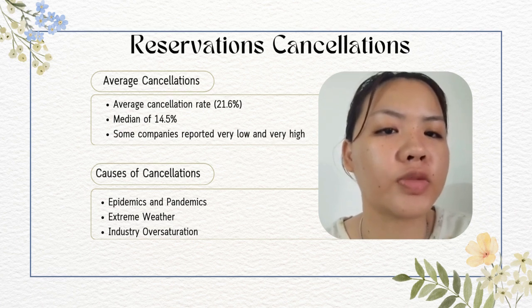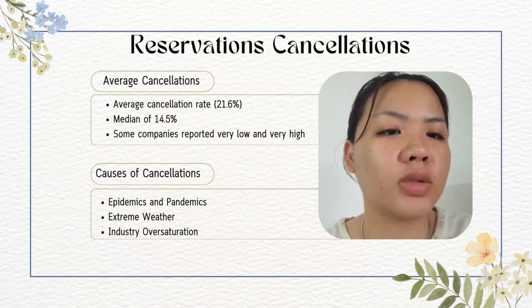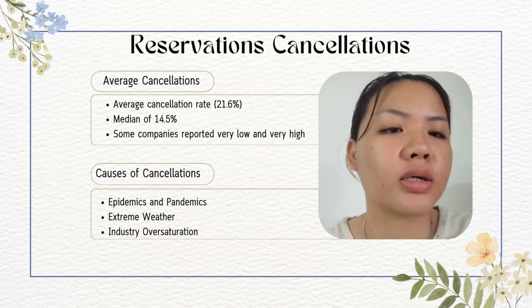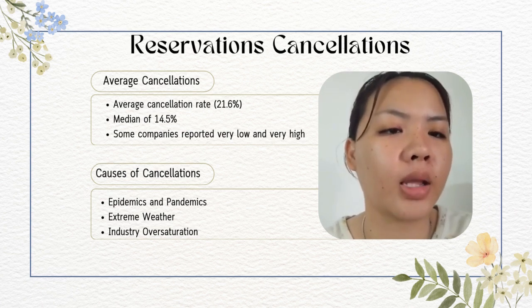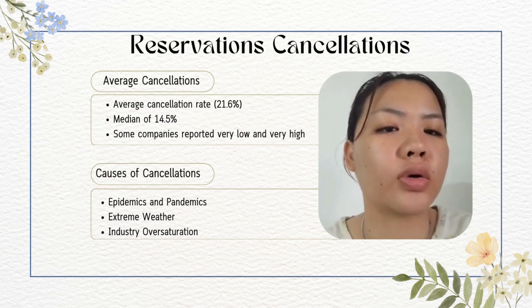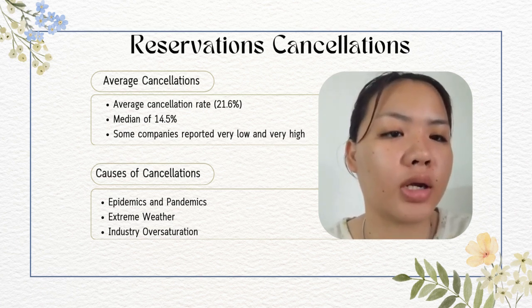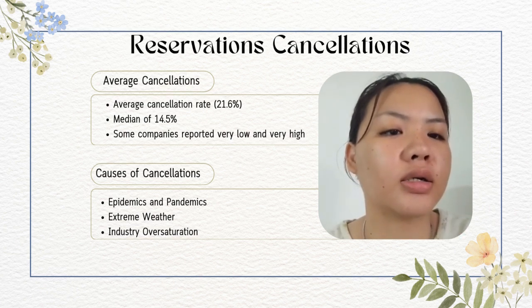Additionally, a few respondents mentioned market oversaturation in a popular destination as a contributing factor. This finding emphasized the critical need for effective risk management strategy in tourism operation, particularly in small businesses that may lack the resources or contingency plans to handle sudden disruption.